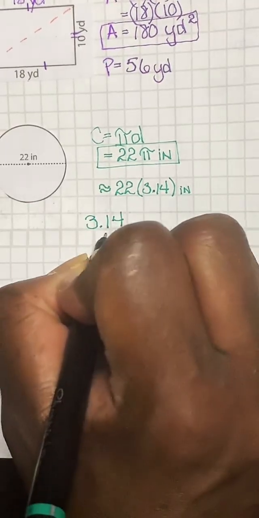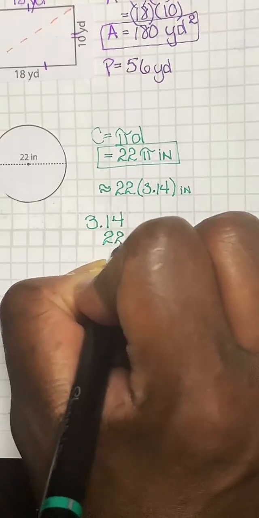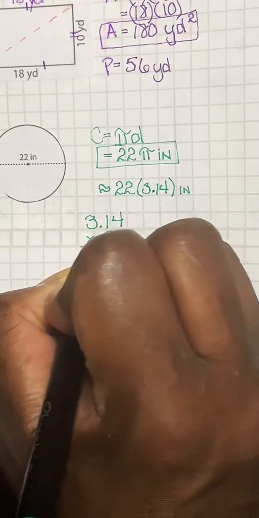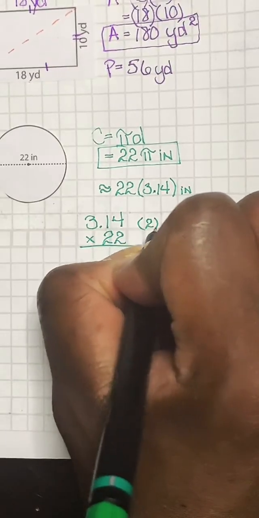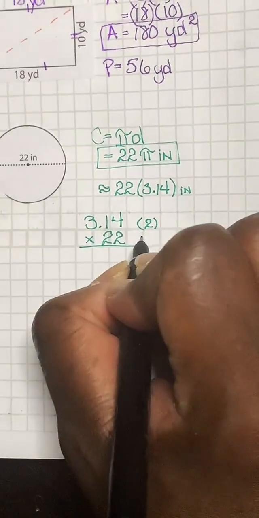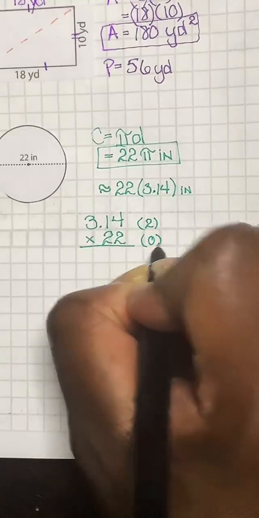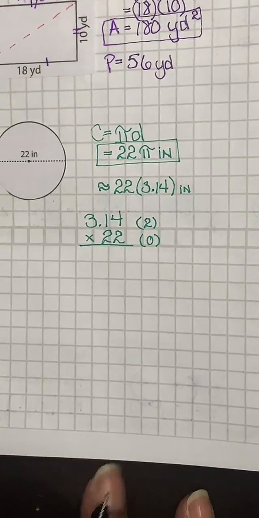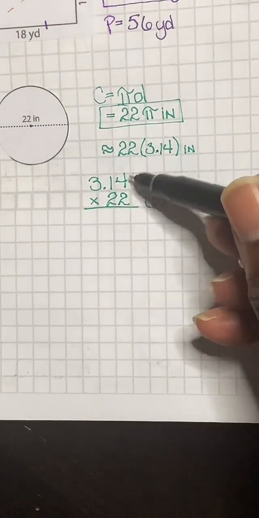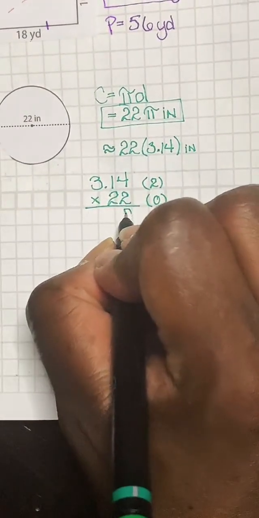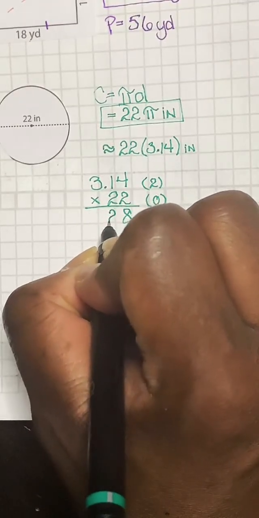So, I like to put 3.14 times 22. This is telling me I'm going to have 2 decimal places to deal with. And here, I do not have any decimal places to deal with. So now, let's work it. 2 times 4 gives me 8. 2 times 1 gives me 2.